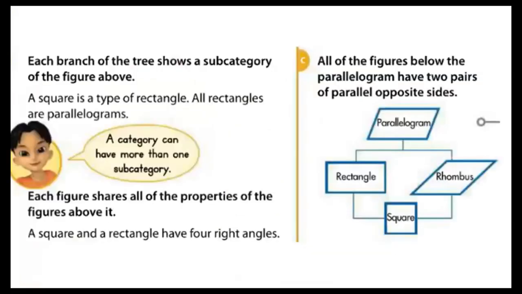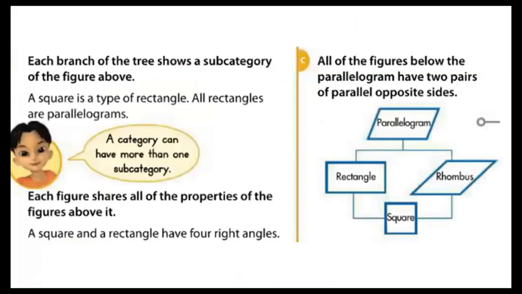Each branch of the tree shows a subcategory of the figure above. A square is a type of rectangle. All rectangles are parallelograms. A category can have more than one subcategory according to the family, as you see in the figure.